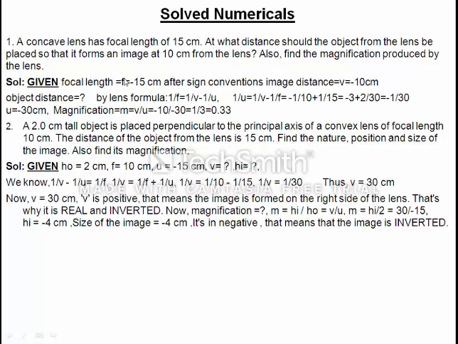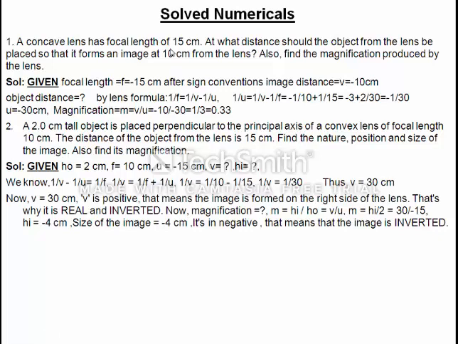Here, since it is a concave lens, the focal length f will be negative, so f is minus 15 centimeter.